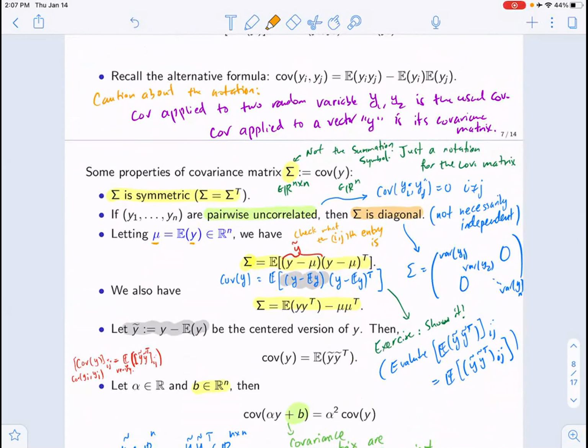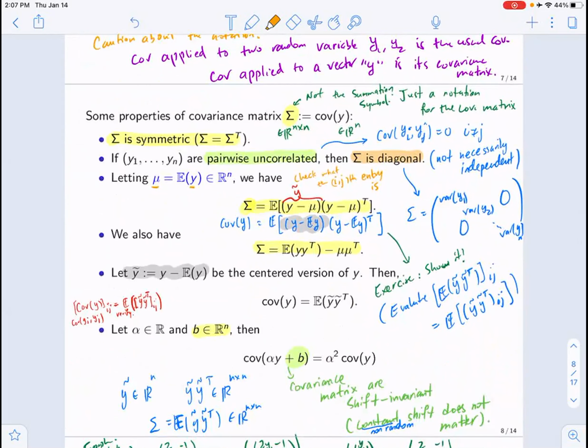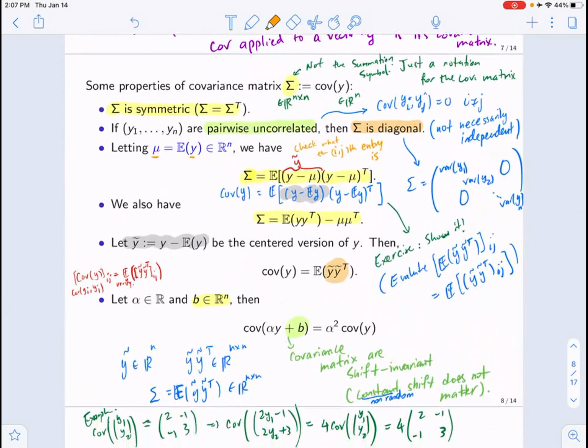Okay, and what we have now is this simple expression, which is that the covariance of y is the expectation of y tilde times y tilde transpose. This is useful in some derivations.